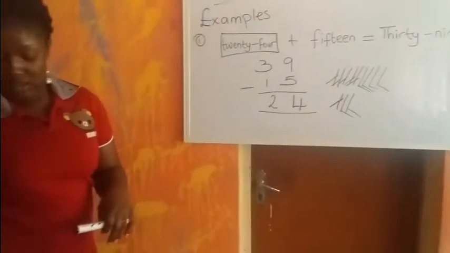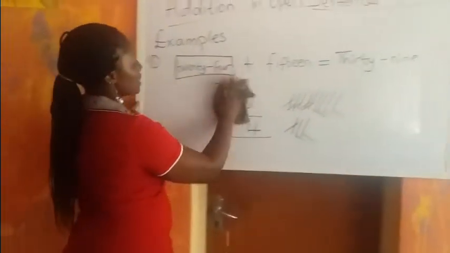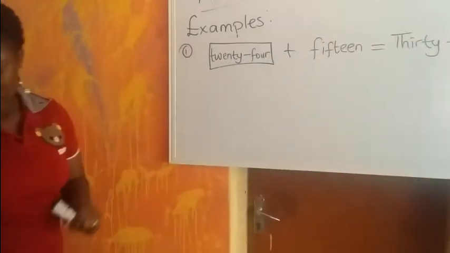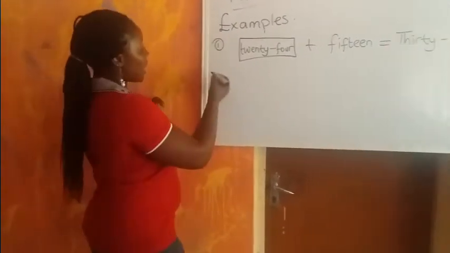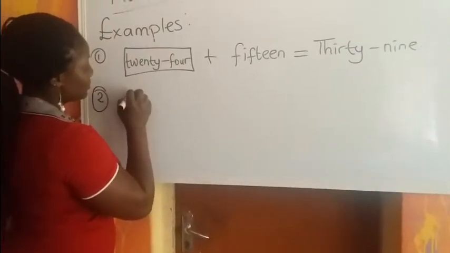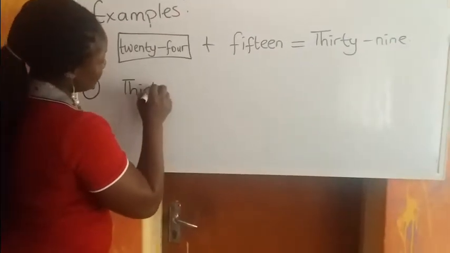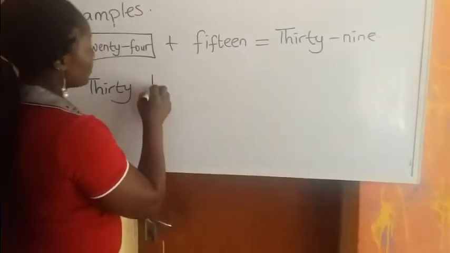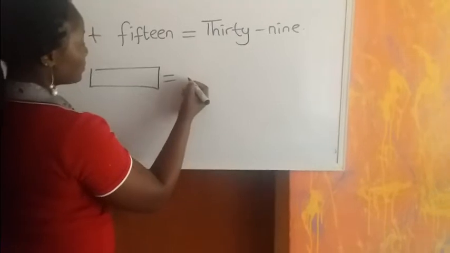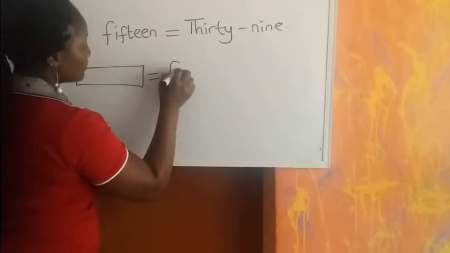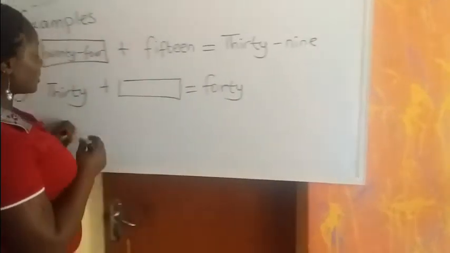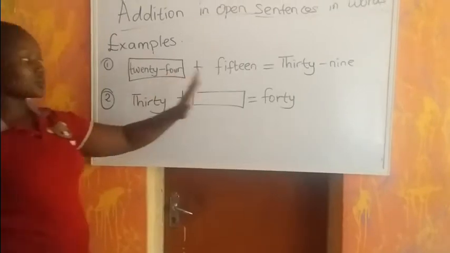Let's still take some examples again to see if we can work the other sides. Let's assume we have 30 plus dash is equal to 40.